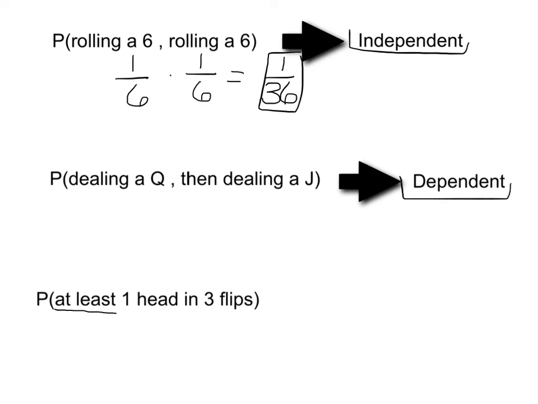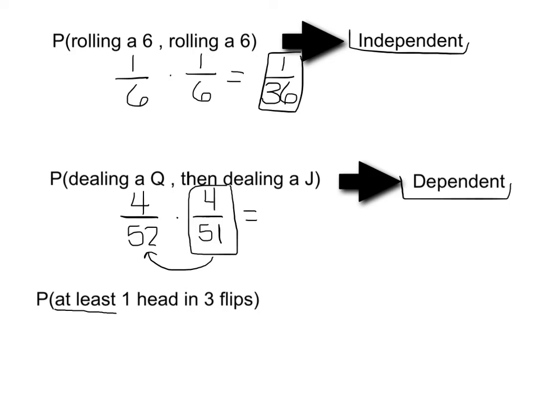If we look at a dependent event, an example might be dealing cards. There are 4 queens in a deck of 52 cards, but once I deal that queen, there's still 4 jacks in the deck, but now there's only 51 cards. This is the conditional probability that we just talked about, because the outcome of dealing a jack is affected by the fact that there was already a queen dealt.